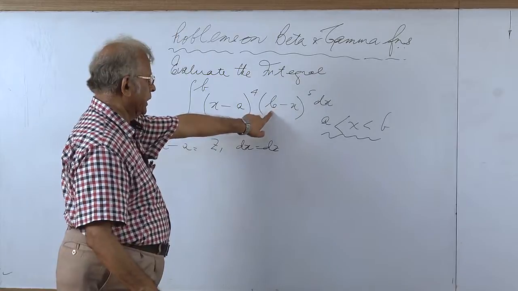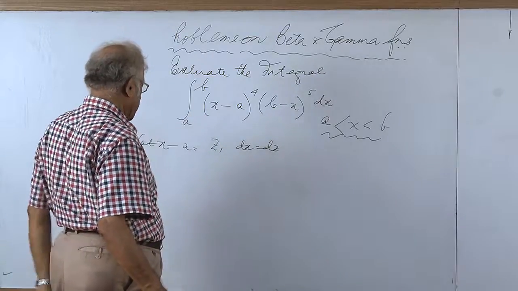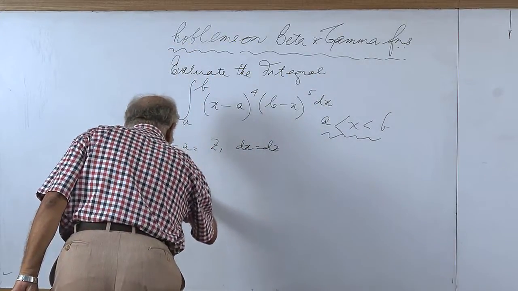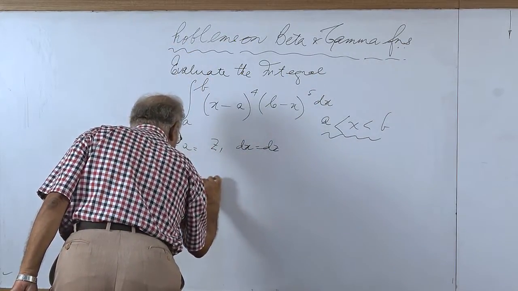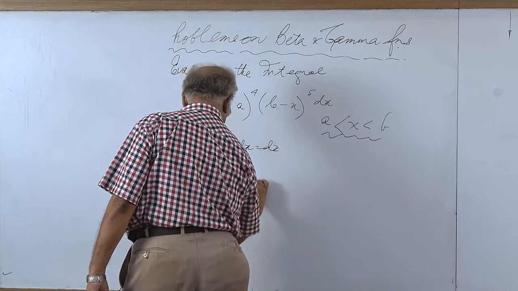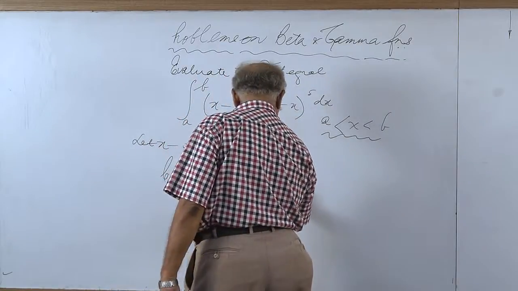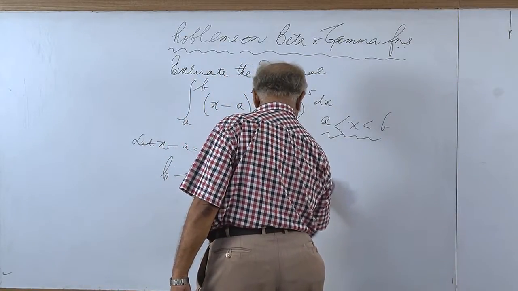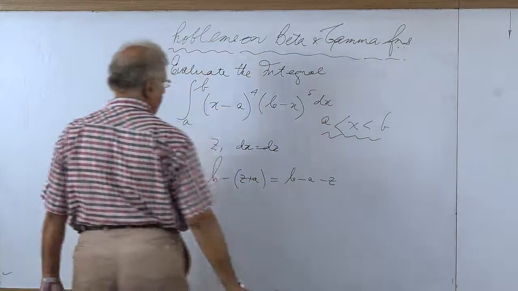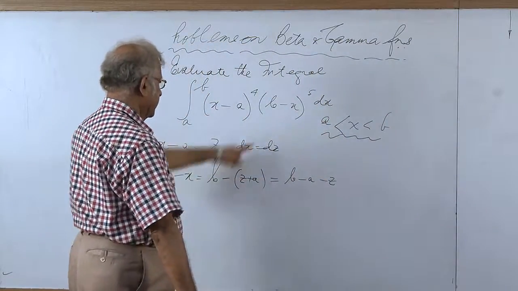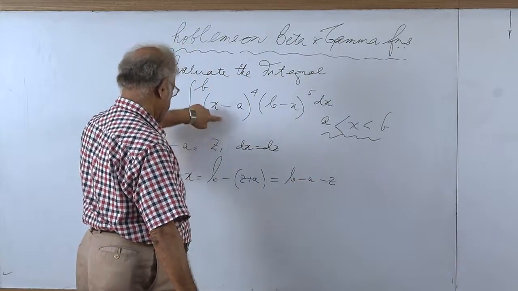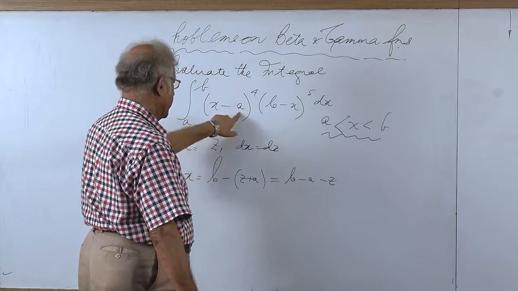Now we'll have to change b minus x to the following. So b minus x is the second term. B minus x means b minus z plus a, which is b minus a minus z. So our friend b minus x will change to b minus a minus z. This x minus a will simply change to z.